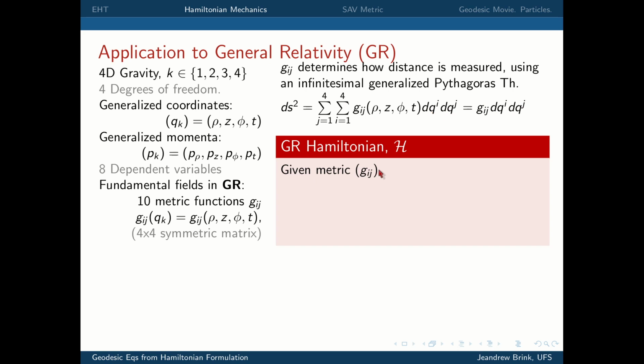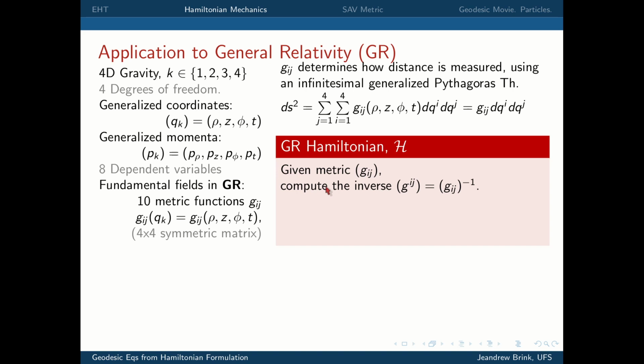Now, for general relativity, the Hamiltonian that we need to actually work out the equations for the particle motion can be constructed from this metric. The recipe for constructing this Hamiltonian, and it's not a recipe in the sense that I'm giving it to you, you can rigorously prove that in fact it's the correct Hamiltonian. But the way we calculate the Hamiltonian in GR is we are given the metric with the lower indexes.